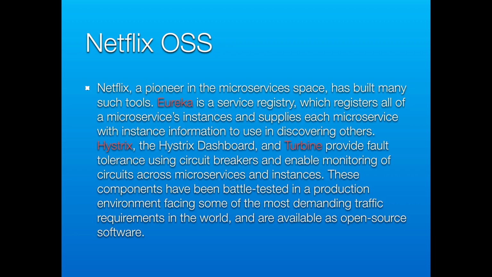And Netflix OSS has a lot of interesting projects. Each one of them has an interesting name. For example, for service discovery, they have something called Eureka, right? They have Hystrix for circuit breaker, and Hystrix dashboard. They have Turbine. They have a whole bunch of technologies, right? And over time, Spring decided to adopt a number of these technologies. So, for example, Spring usually doesn't provide implementation.